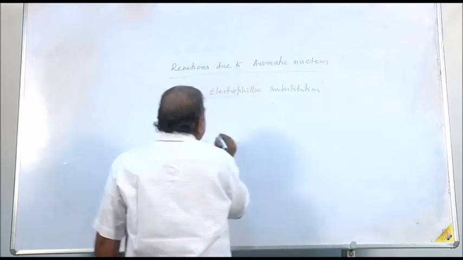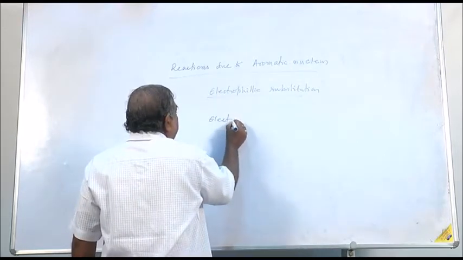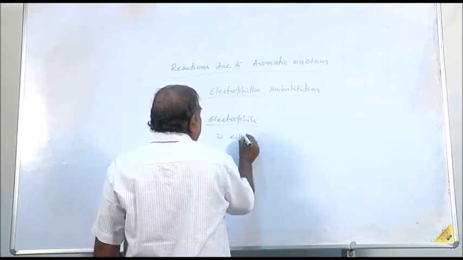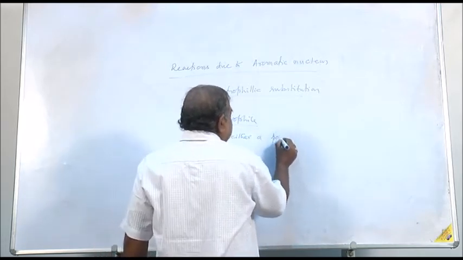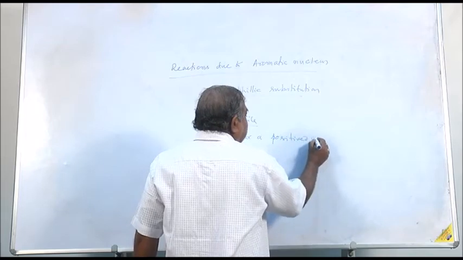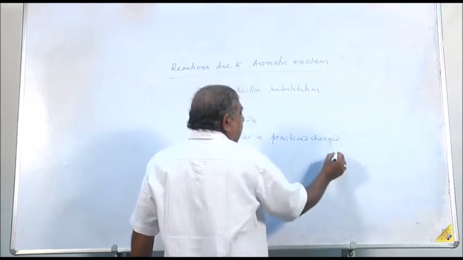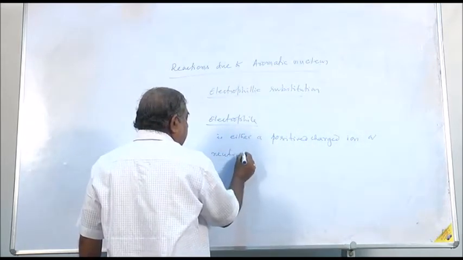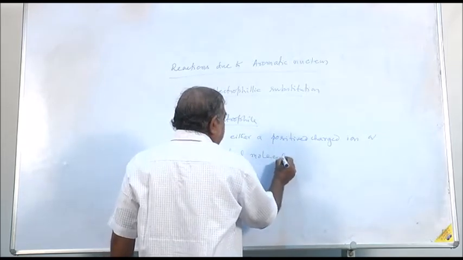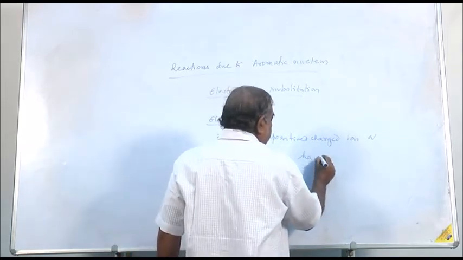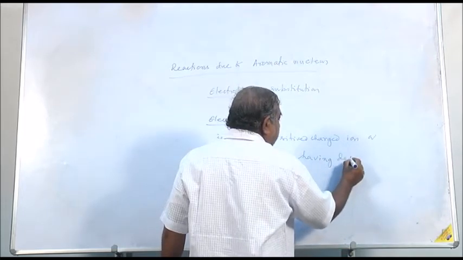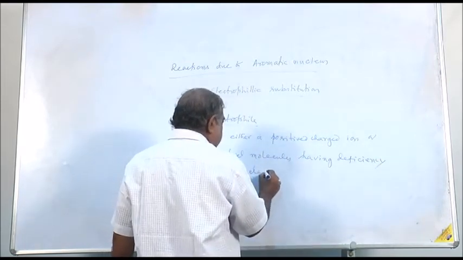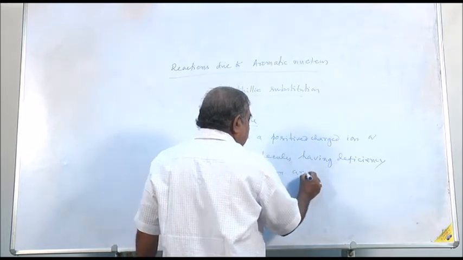Now here I am telling you what is an electrophile. Electrophile is either a positively charged ion or neutral molecules having deficiency in electrons and will attack.